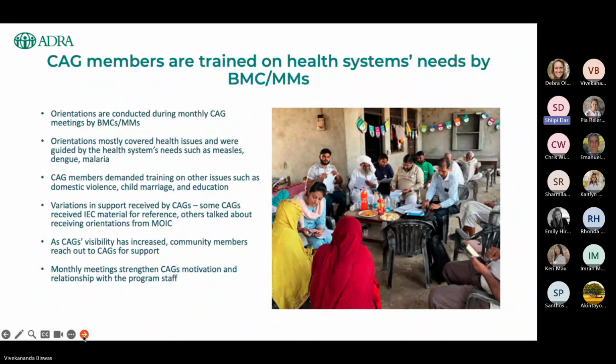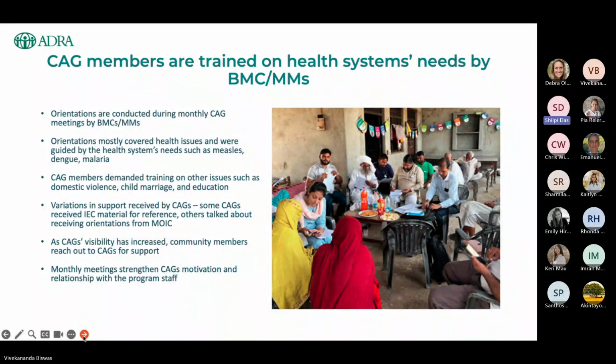So this particular slide mentions the CAG members, what the training need was, how they were trained, how they were oriented. Orientations were conducted during the monthly CAG meeting by the BMCs. When we say BMC, it is the block mobilizers, basically the mobilization mitras, who were our staff, the CGPP staff.